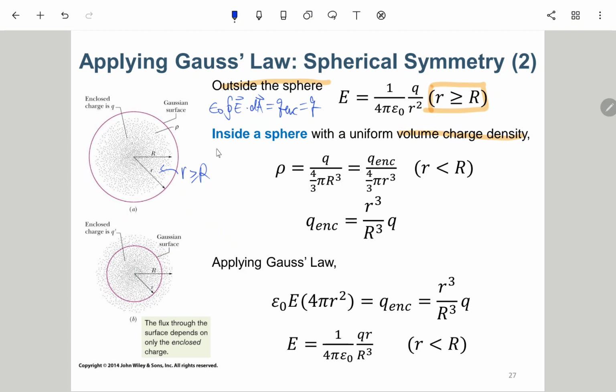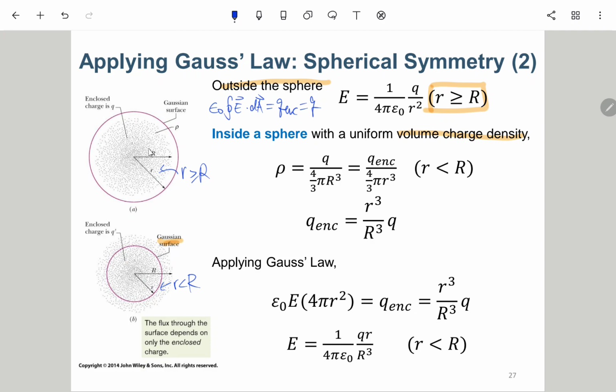But for the inside part it is a little bit more complicated. For the second case, we assume the Gaussian surface with a radius small r, which is smaller than capital R. The total charge is still Q, the ball doesn't change.